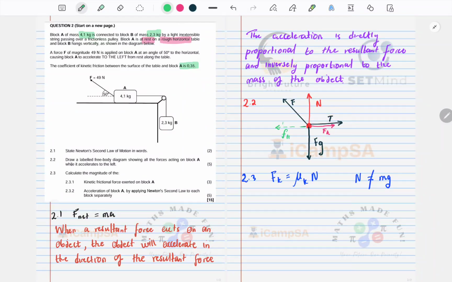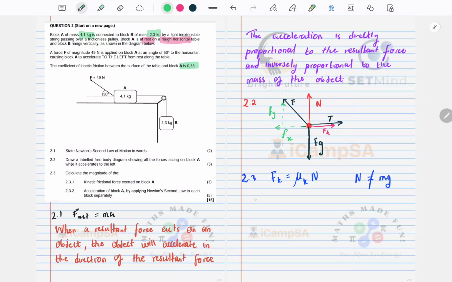And then there's going to be a force that's going up like this, right? Let me use X and Y. Then we've got these two components of F, which is our applied force. So we need to accommodate that. So that means our normal force is no longer equal to mg. Okay? So let's calculate it.